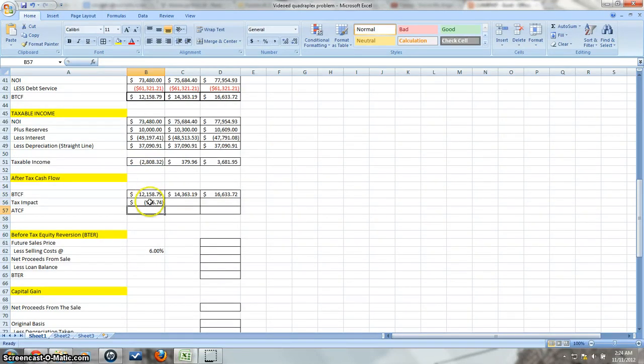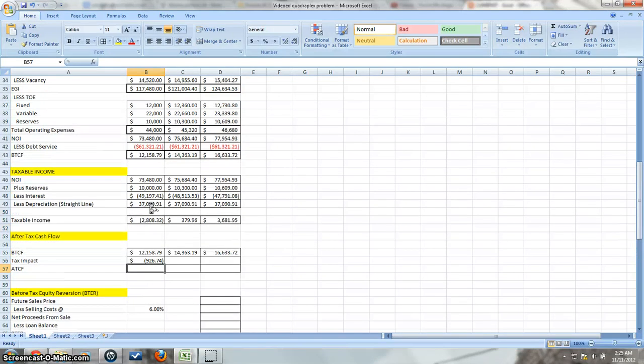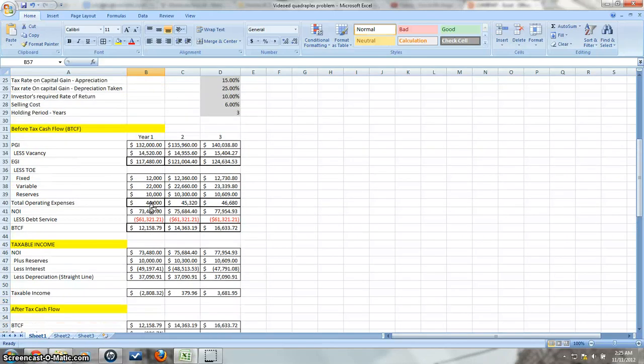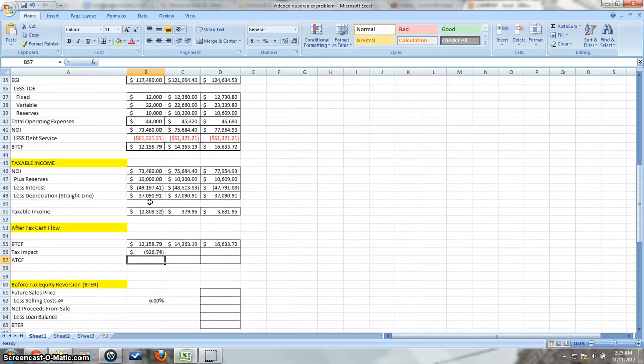That's the tax impact. Now, depending on if you can expect a refund of some sort or not, you may or may not be able to just leave this negative. If you wanted to go and take that into account, oh, I don't have the option to make it negative, then you can do an if statement.